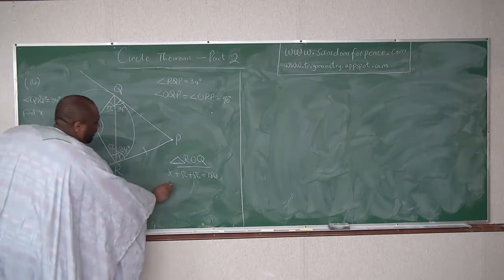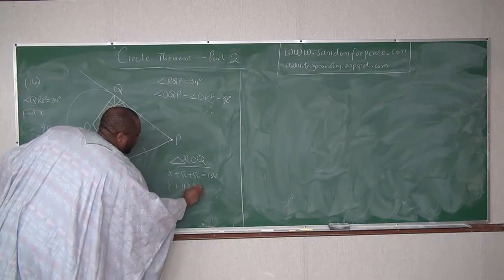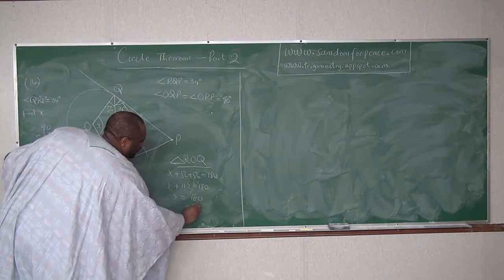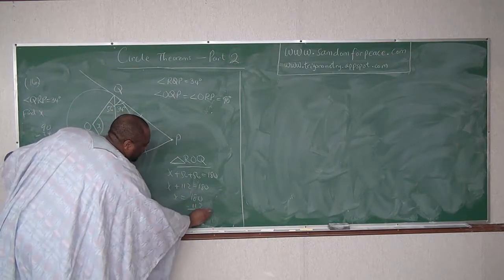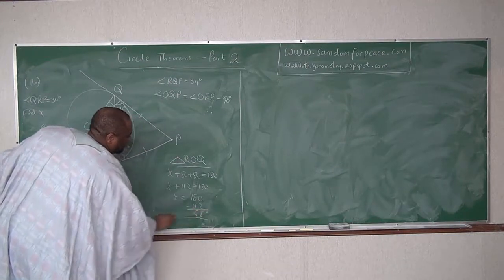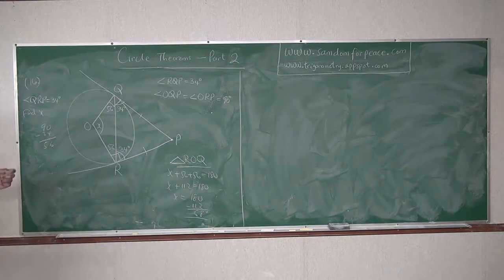So x is 180 minus 112, and that is 68 degrees. X is 68 degrees. That's it. So look at all these reasons.